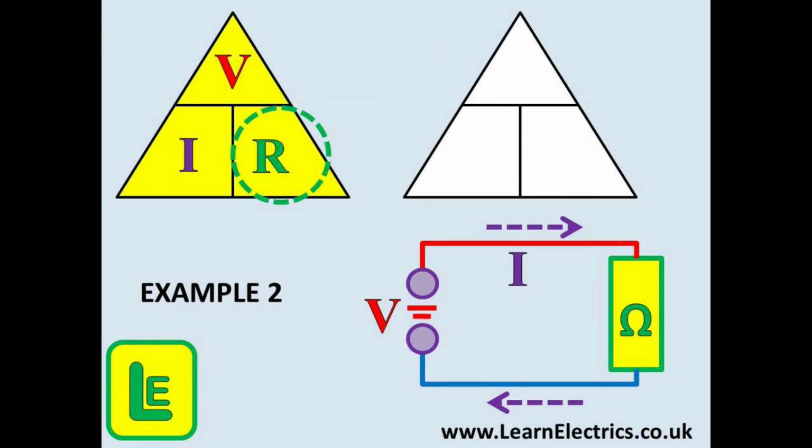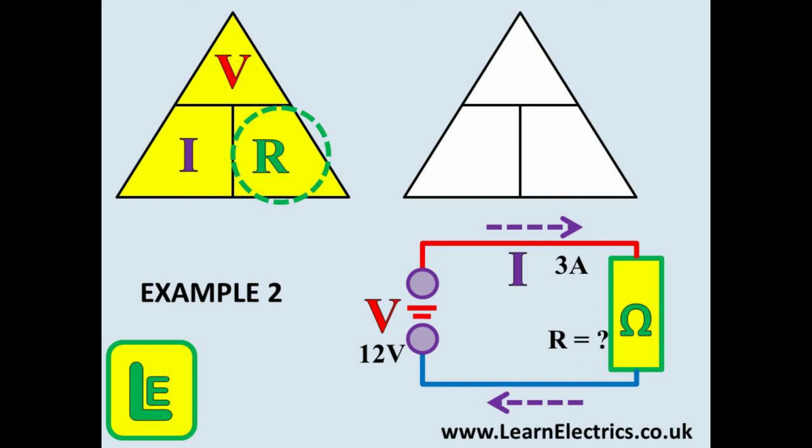In the next calculation, example 2, we are asked to find the resistance of the circuit if we know what the voltage is and we know what the current is flowing. Drawing your triangles and the simple circuit again, and now we can begin to fill in what we know. If we are told that the voltage is 12 volts, we can put this against the V on the diagram. Now we are told that 3 amps of current are flowing.